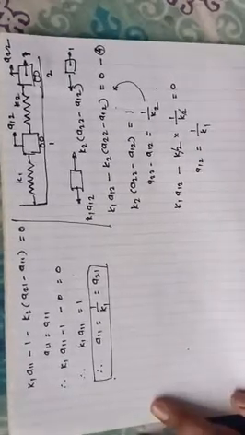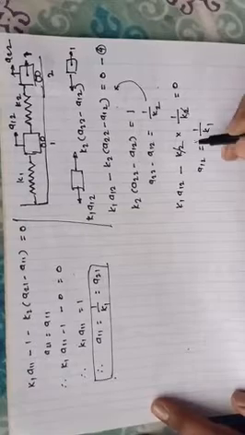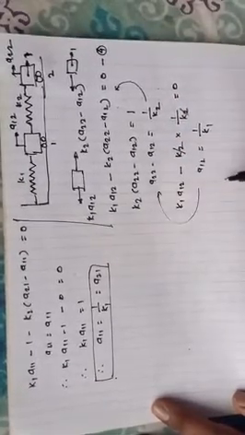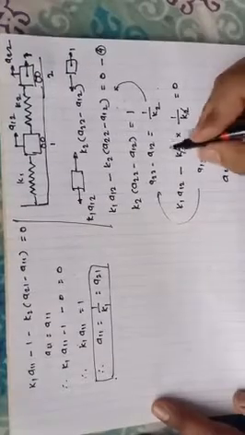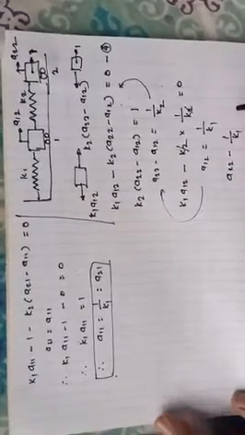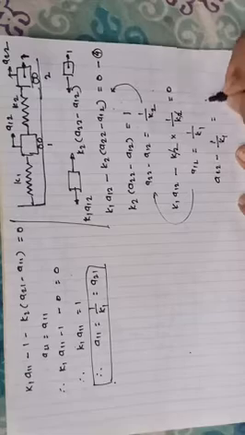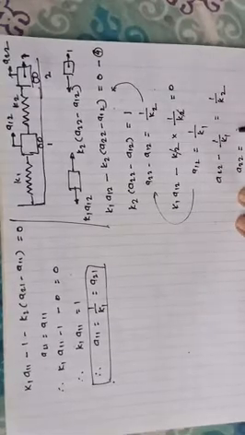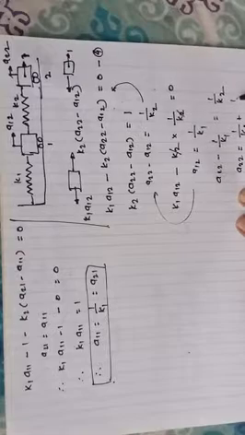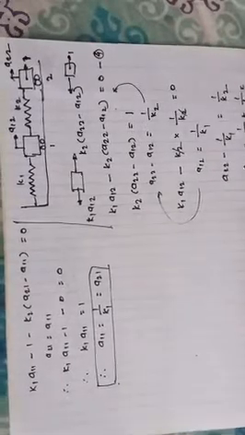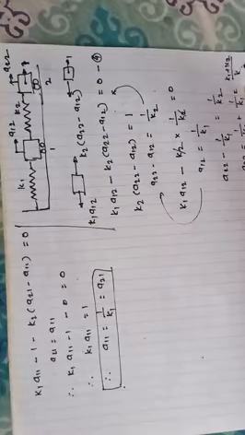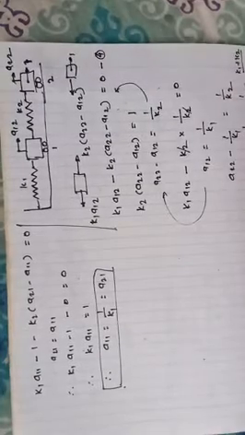So let's substitute this value in this equation. A22 minus 1 upon K1 is equal to 1 upon K2. So A22 will be 1 upon K2 plus 1 upon K1, which will be equal to (K1 plus K2) upon K1 K2.